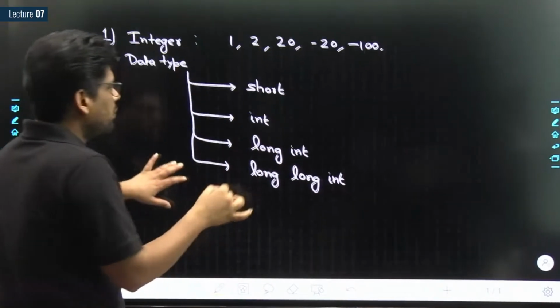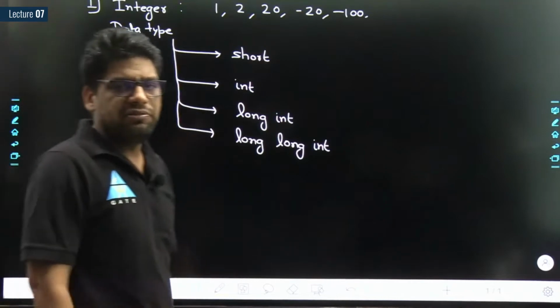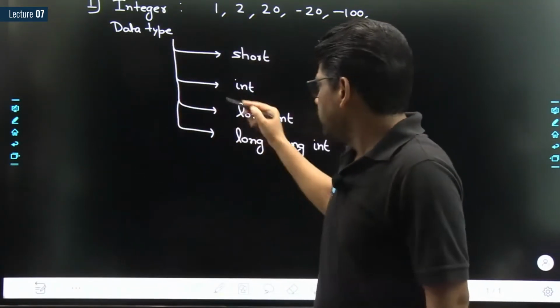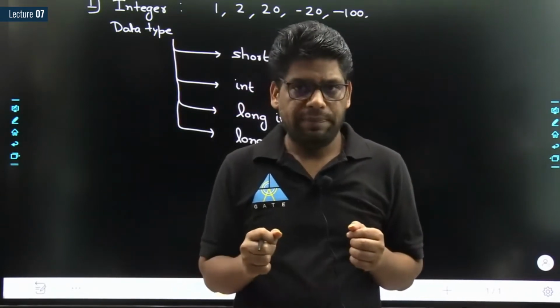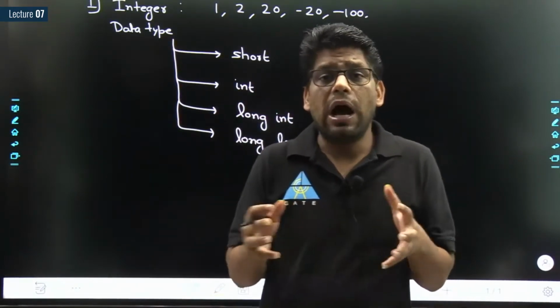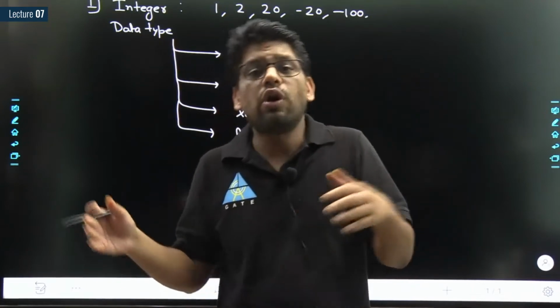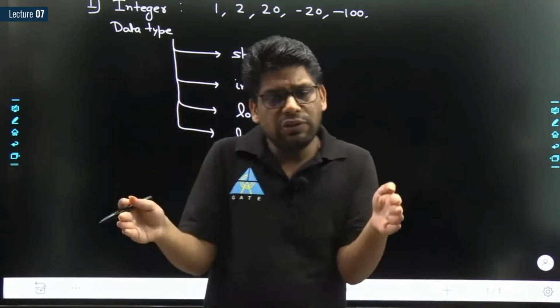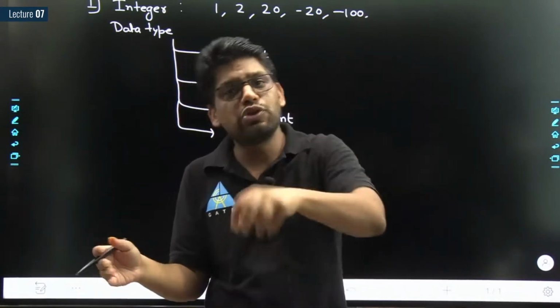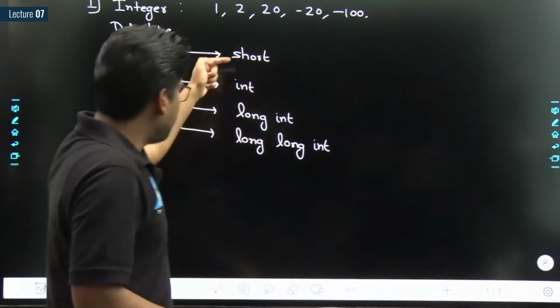Sir, why so much subclassification? Because each of them has a different memory requirement. Depending upon how large or how small a value you need to store, or the range of values you are interested to store, you can choose the appropriate data type.